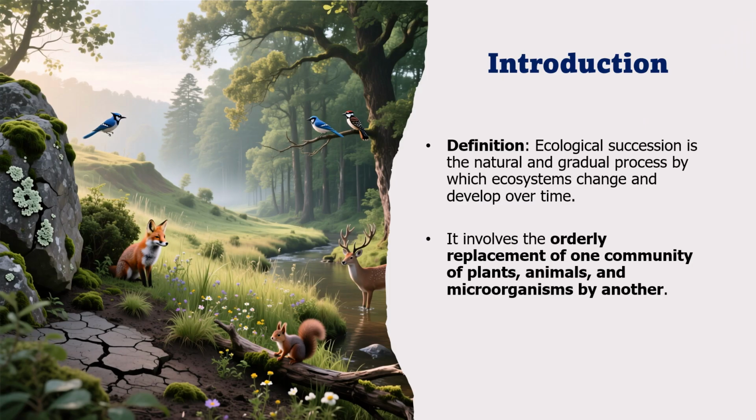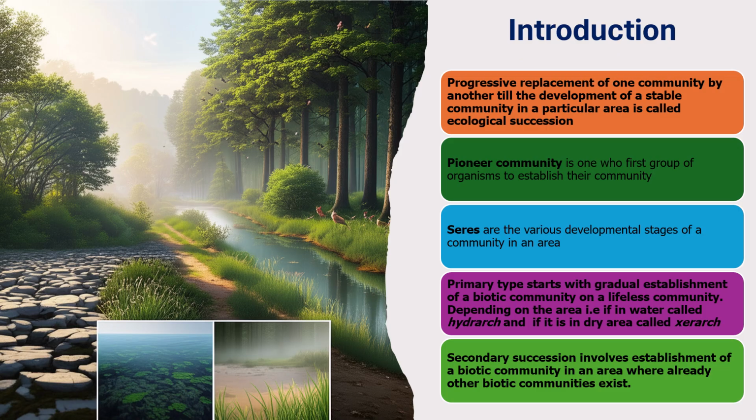Ecological succession is a natural and gradual process through which ecosystems change and evolve over time. It refers to the sequential replacement of one community of plants, animals, and microorganisms by another until a stable community develops. This process is fundamental for understanding ecosystem dynamics because it highlights how barren or disturbed areas transform into thriving habitats.